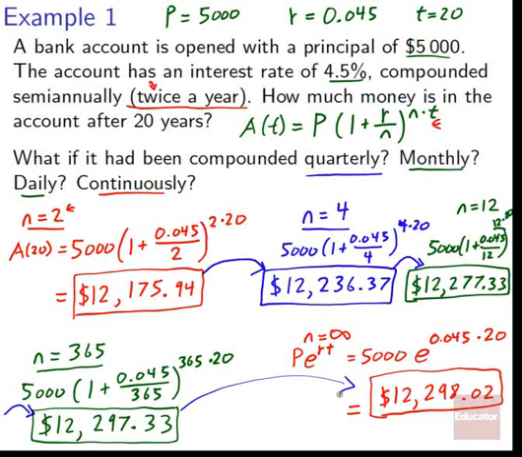So we get better returns the more often it happens, but they eventually come to an asymptote. It stabilizes at a single value. So you won't see much difference between an account that compounds every single day and one that compounds every single instant. It's way better to have daily versus yearly, but daily versus continuously, not really that noticeable.